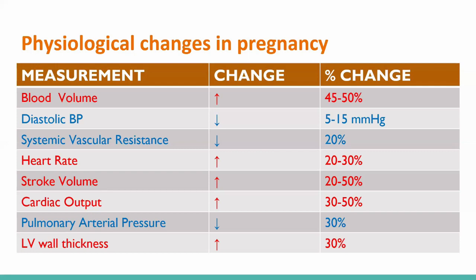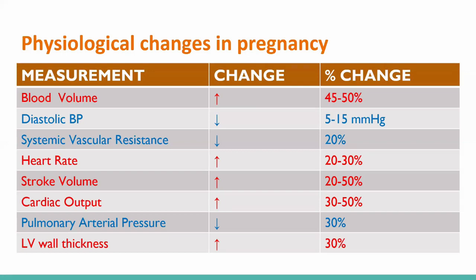The plasma volume increases even more so than the red blood cell volume, and this leads to a physiological anemia. The diastolic blood pressure decreases between 5 and 15 millimeters of mercury, systemic vascular resistance decreases as well, up to 20%. Heart rate increases up to 30%.